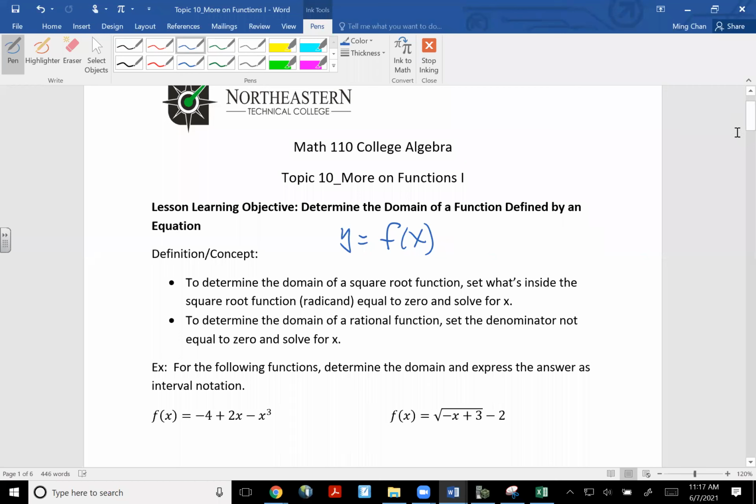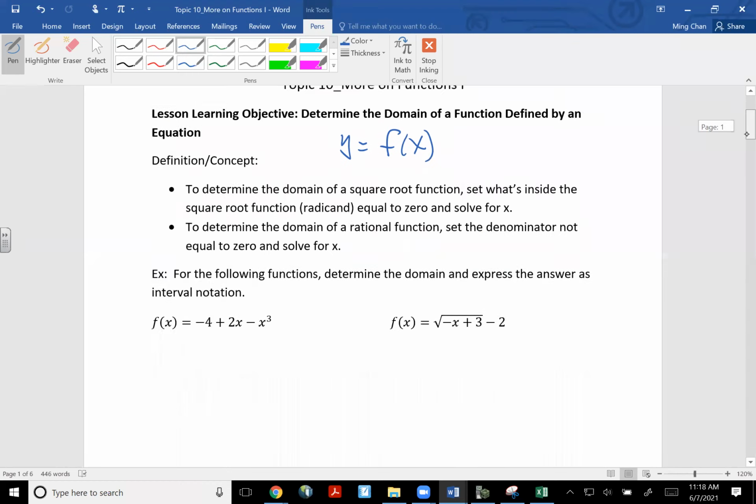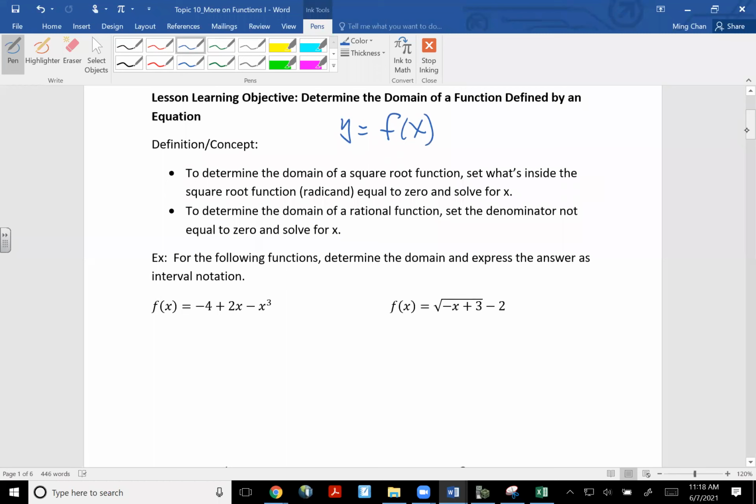To determine the domain of a rational function, we're going to set the denominator not equal to 0 and solve for x. So the restriction on the variable, the wording I used before, is really called the restriction on the domain. You have to find what x cannot be, and you need to predetermine that arithmetically.